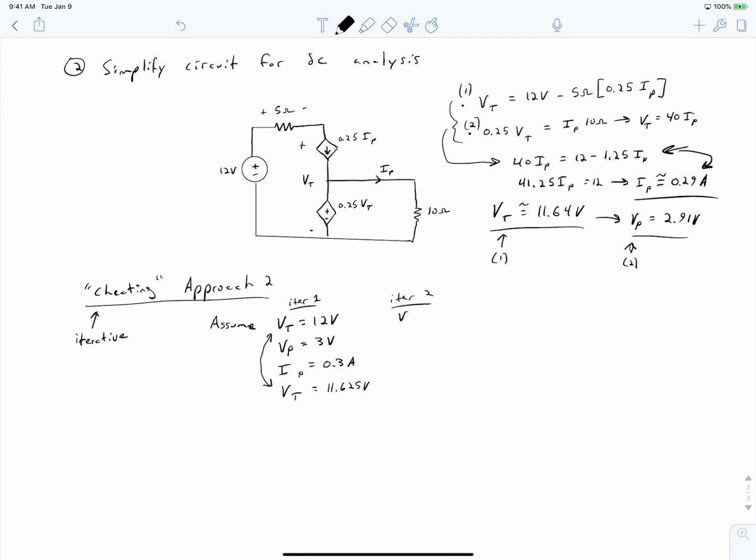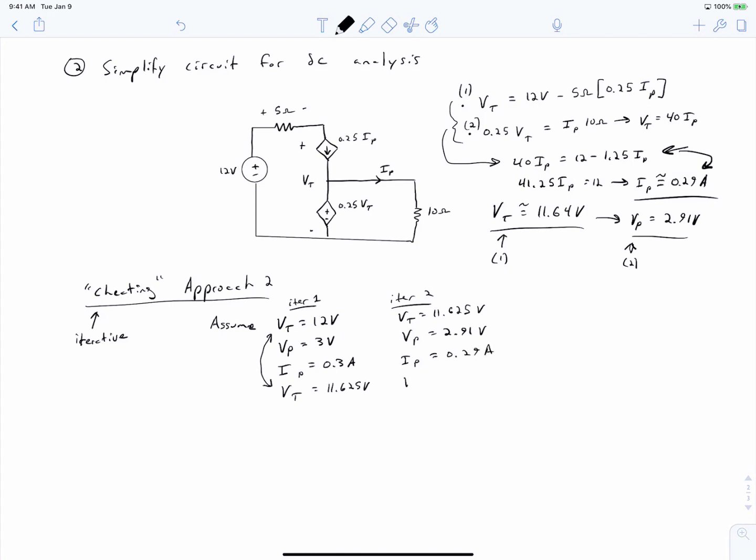Now we start by assuming that our throw voltage is our newly calculated value. We can calculate our pole voltage as being 25% of that, which comes out to be 2.91 volts. We can find our pole current as the voltage drop over the 10 ohm resistor, which is 0.29 amps.